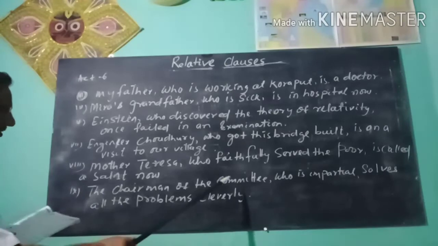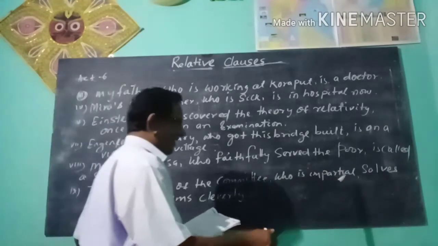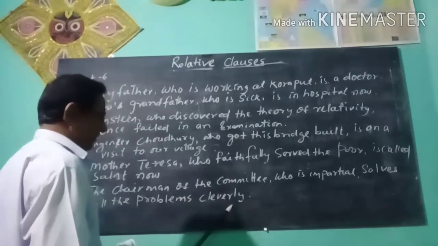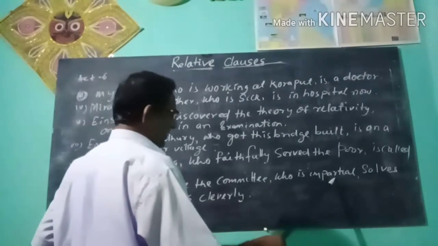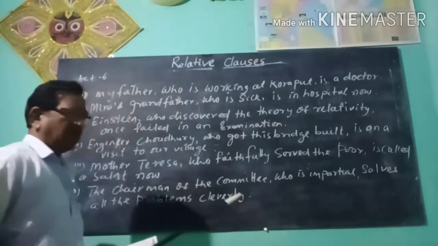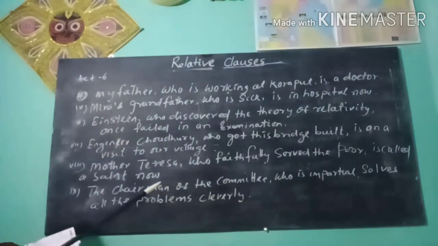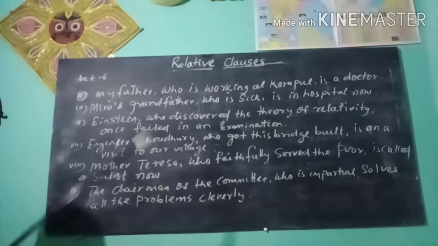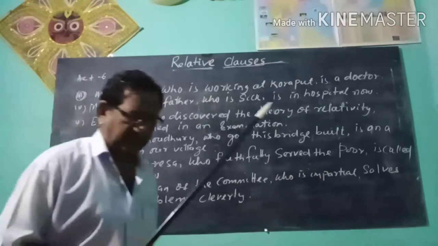The chairman of the committee, who is impartial, solves all the problems cleverly. Who is impartial is a non-defining relative clause. Other than all these examples, all the sentences are defining relative clauses.